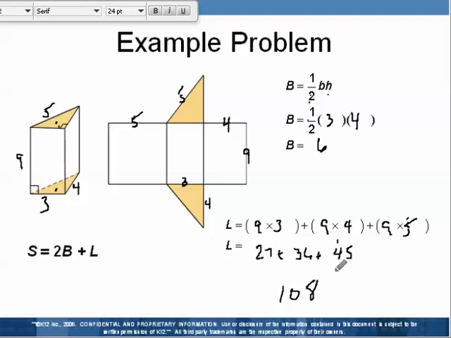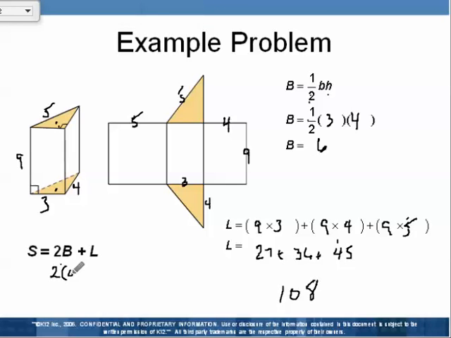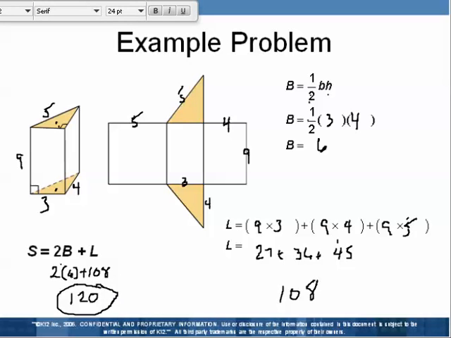That's the lateral surface area. My base was 6, so my total surface area is 2 times 6 plus 108. That's 120. That would be the surface area. Remember, these are square units because it is area.